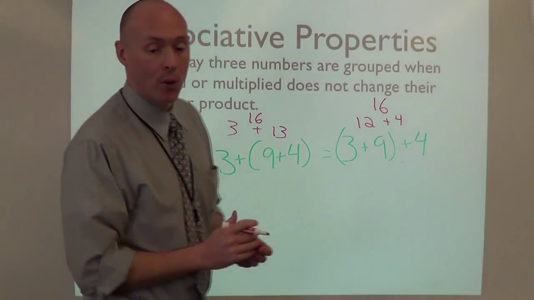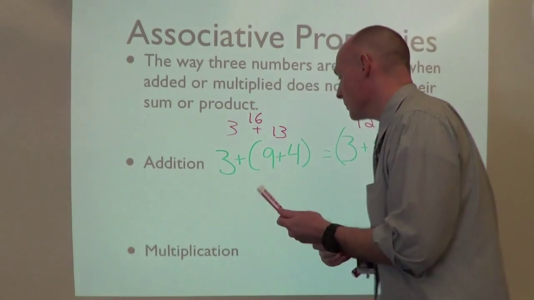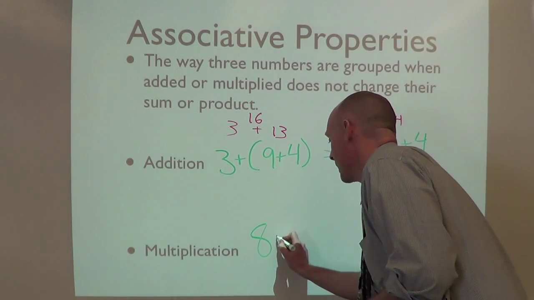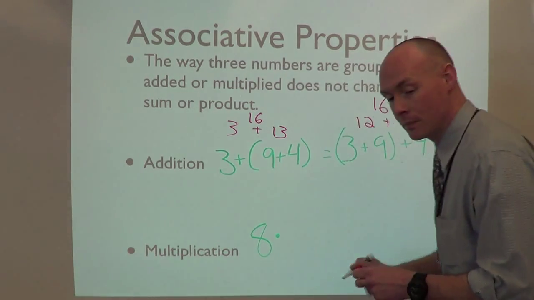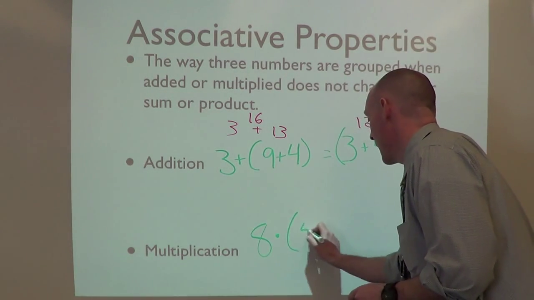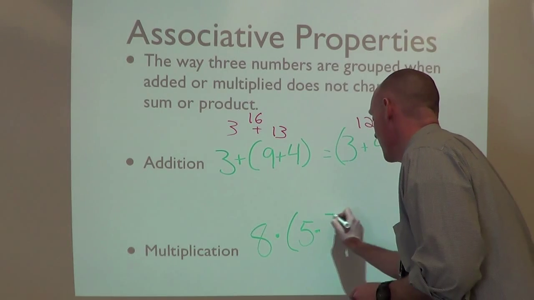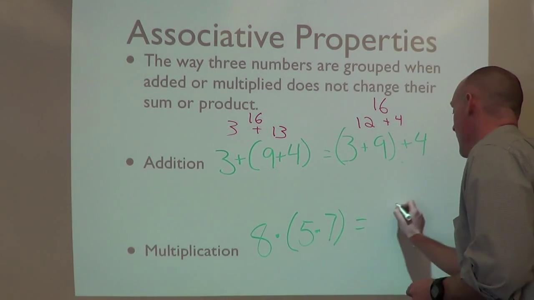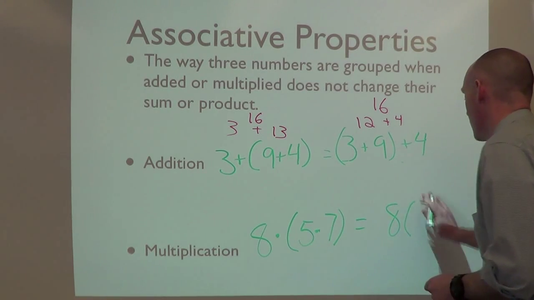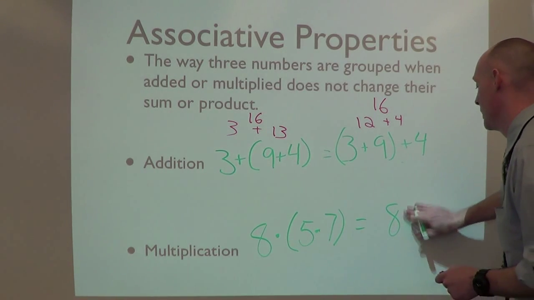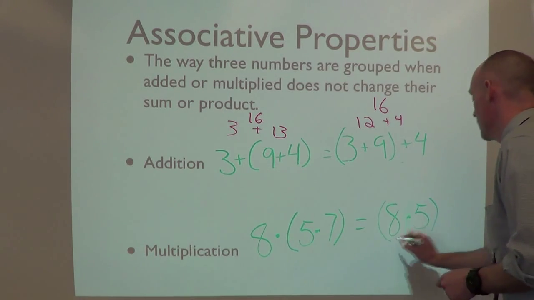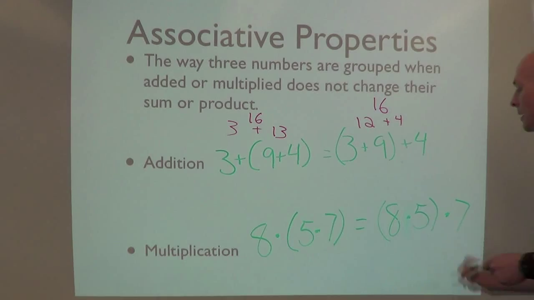The same thing goes for multiplication. If I do 8 times 5 times 7, that will equal 8 times 5, in parentheses, times 7.